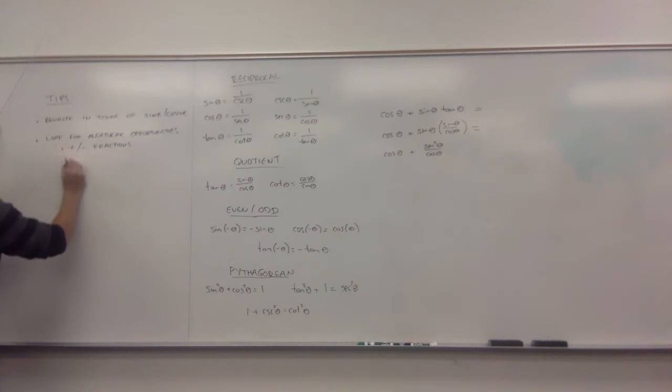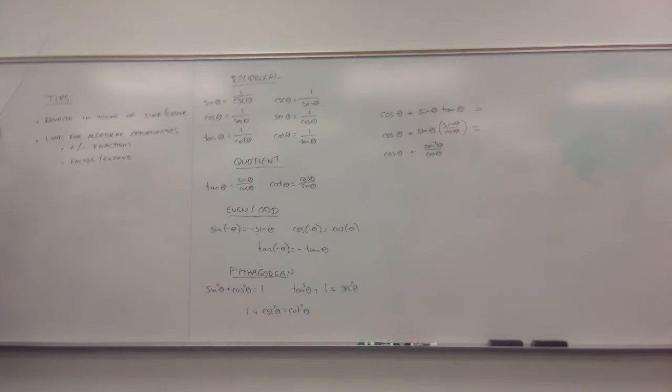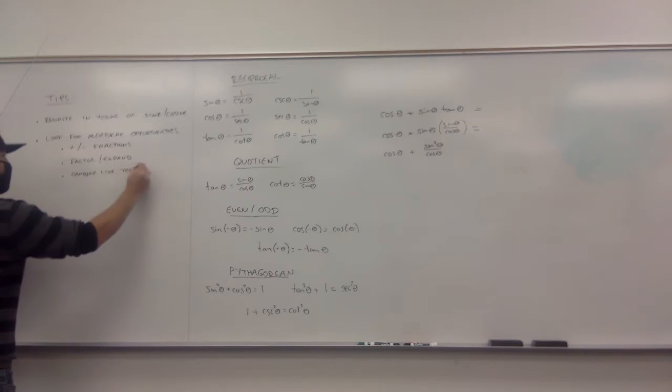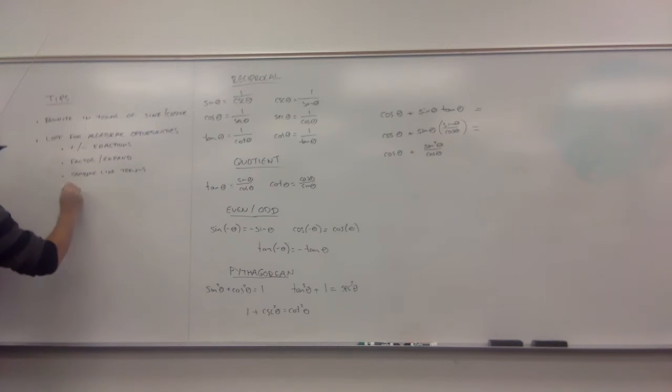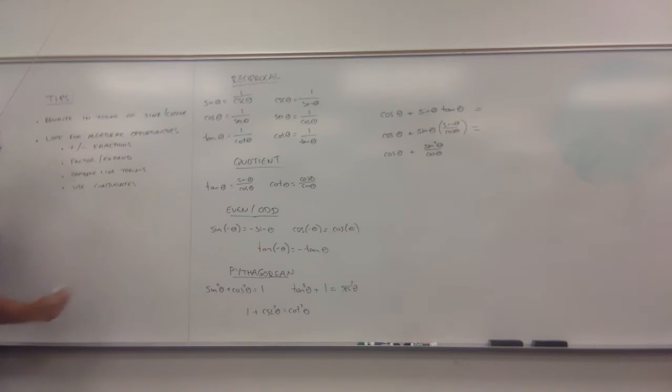If we can factor, or perhaps do the opposite of factoring, expand, again, we're rewriting our expression in an equivalent manner that might illustrate something about it that we don't already know. If we combine like terms, again, sometimes we'll see something new. And I'll talk about this a little bit later, but I just want to put it on the list now. Use conjugates. And I'll explain that a little bit later.